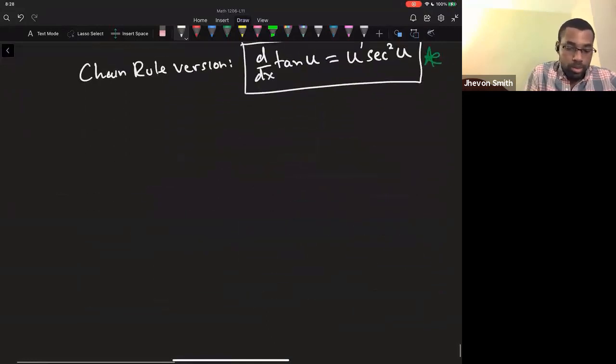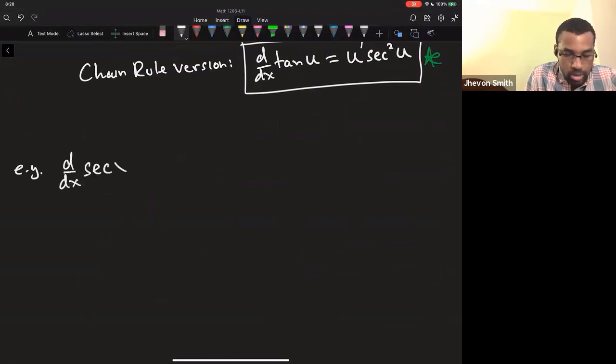All right, so something else we'd want to derive, another example. What about the derivative of the secant function? So we'd actually do the same kind of maneuver, rewrite this in terms of functions that we know how to deal with. Secant is 1 over cosine.